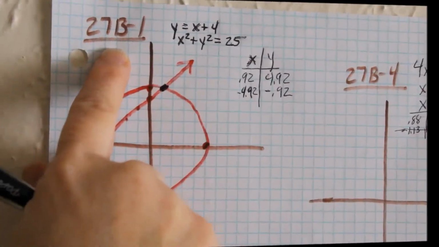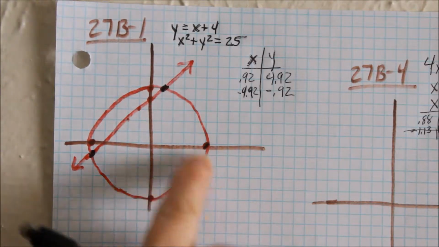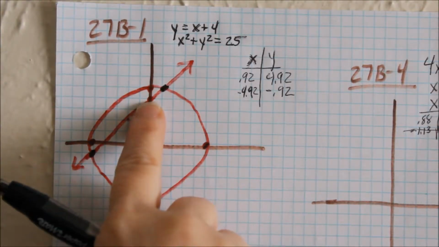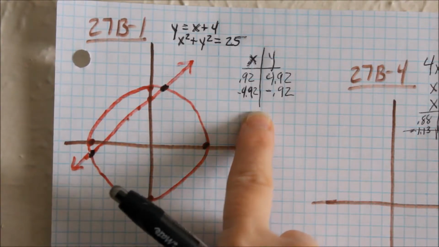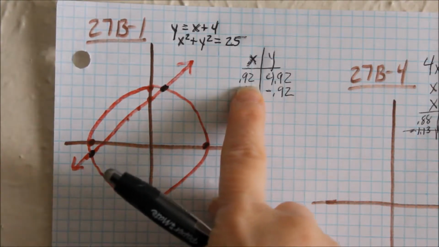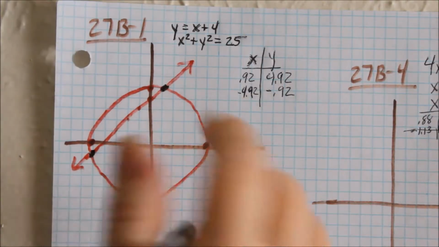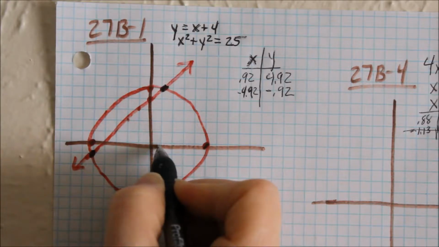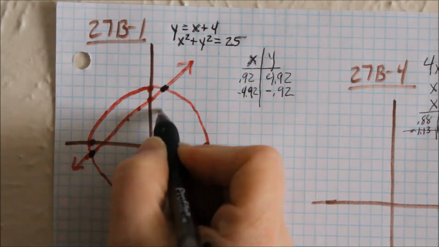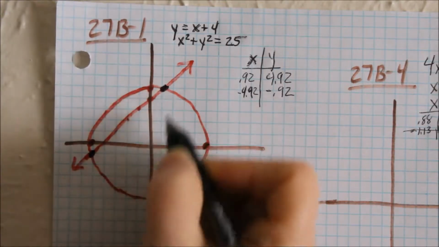Okay, we're graphing 27b1. Remember, we had a circle with a radius of 5. So here was my circle, and then here was my line with the y-intercept of 4 and a slope of 1. So the points that we calculated for the intersection were x equals 0.92, y equals 4.92. So if I go over barely to 1, 0.92 and up 1, 2, 3, 4 and almost to 5, that's pretty close to where my intersection is right there.